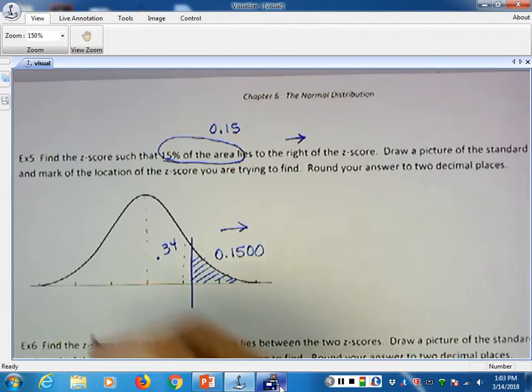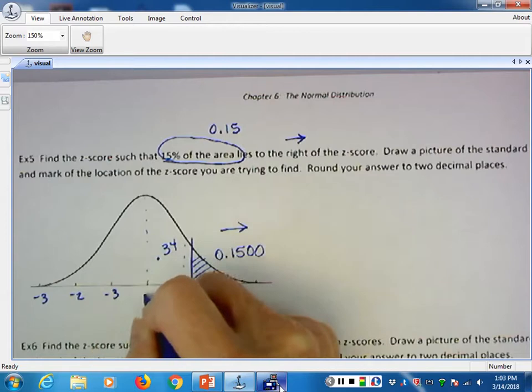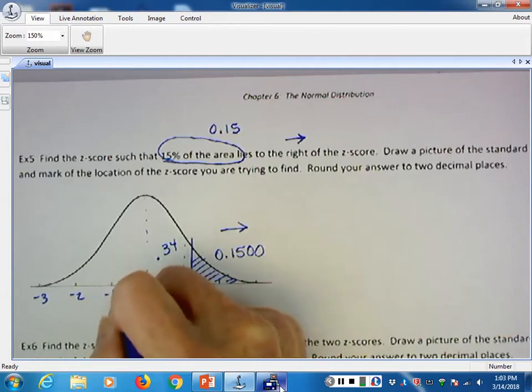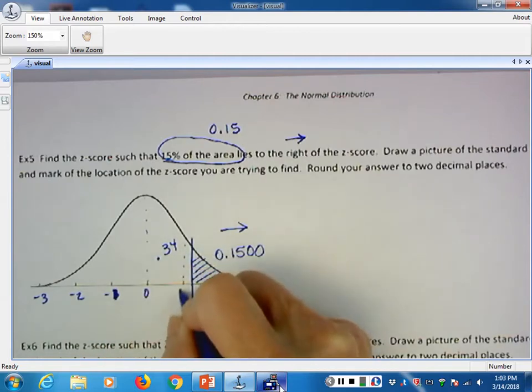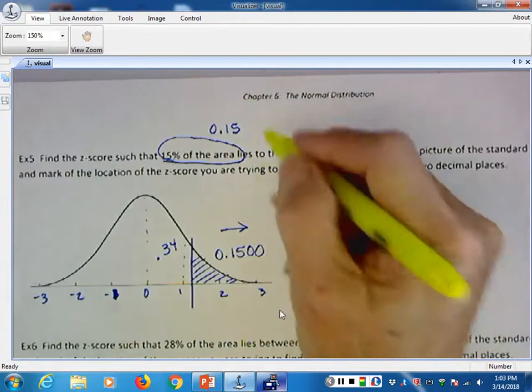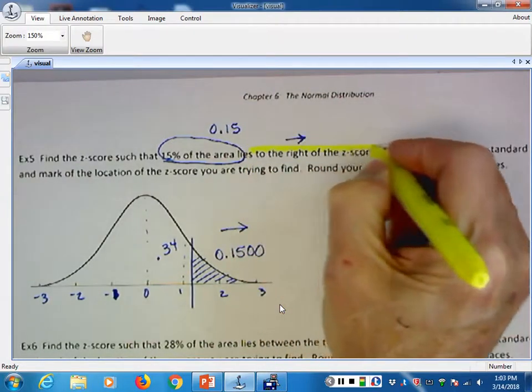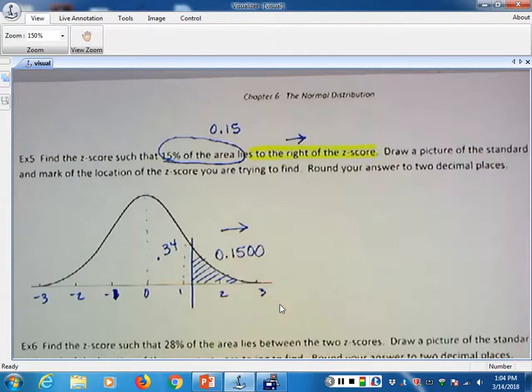When I'm trying to do my curve and use my calculator, can I use the area to the right? Can I use it directly? You have to subtract it. That's right. You have to subtract it from 1.